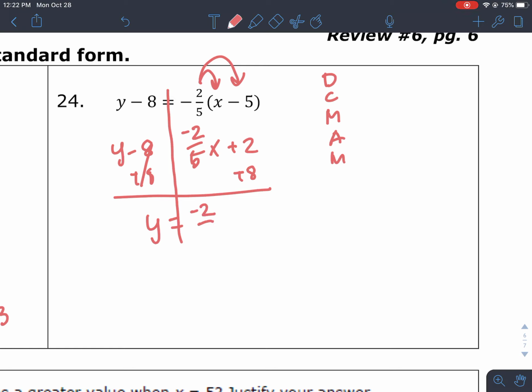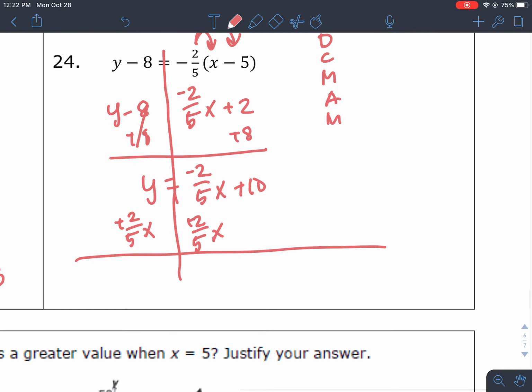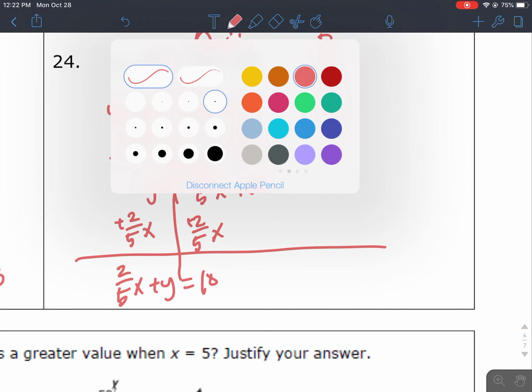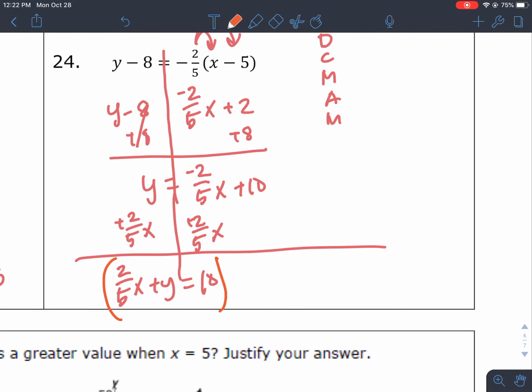I'm left with y equals -2/5 x plus 10. Now I'm going to move my x over, so I'm going to add 2/5 x to both sides. And what I get is 2/5 x plus y equals 10. And the last thing that I'm going to do is get rid of that fraction. So I'm going to multiply everything by my denominator, which is a 5. Make sure that you multiply everything by it. And I'm left with 2x plus 5y equals 50.